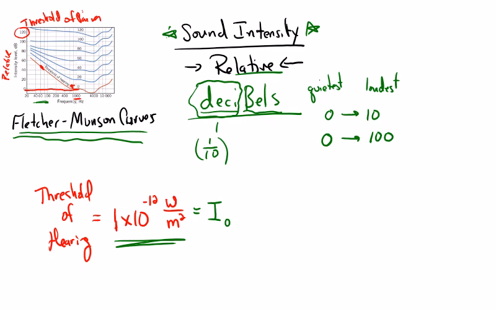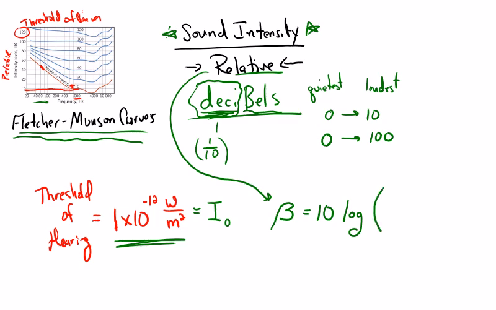And so relative intensity, usually designated with the Greek letter beta, is first going to be multiplied by 10. That was just to switch it over into decibels. It's a logarithmic scale, so it's the log to the base 10 of the absolute sound intensity of something.